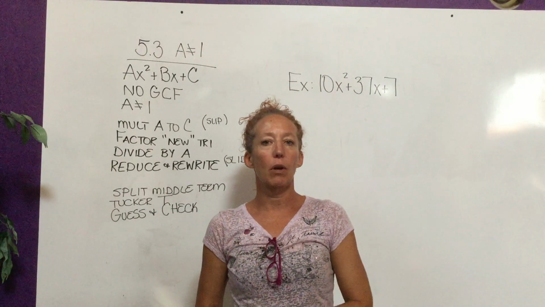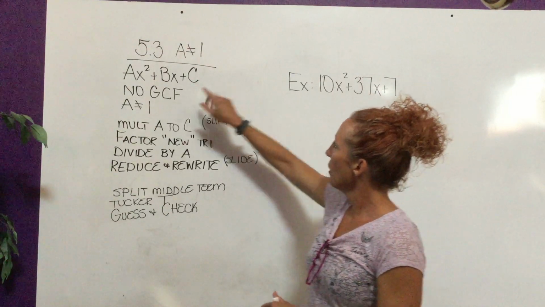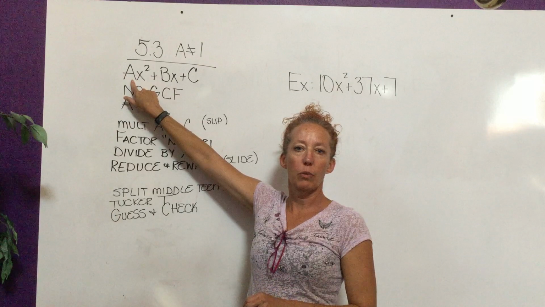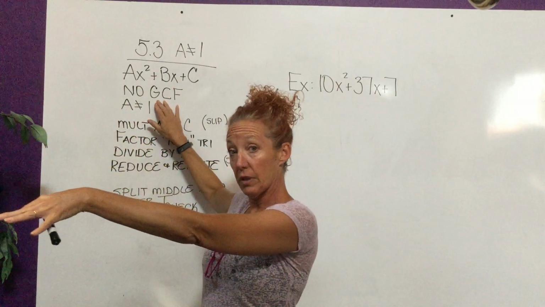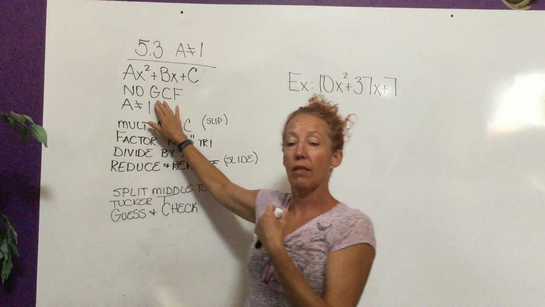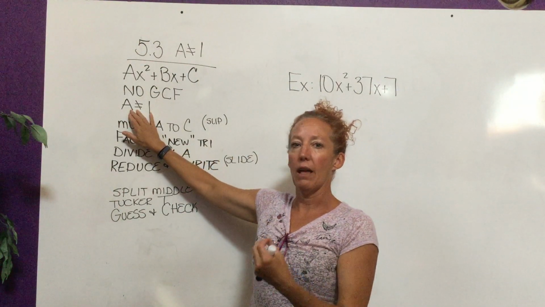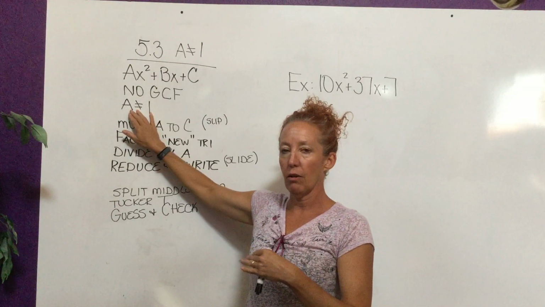And here's how you know when to use this type of factoring. The leading coefficient is not going to be equal to 1. And if there is a GCF, you've already pulled it out front. I'll show you one like that. And still, the leading coefficient, the a, the number in front of the x squared term, isn't a 1.